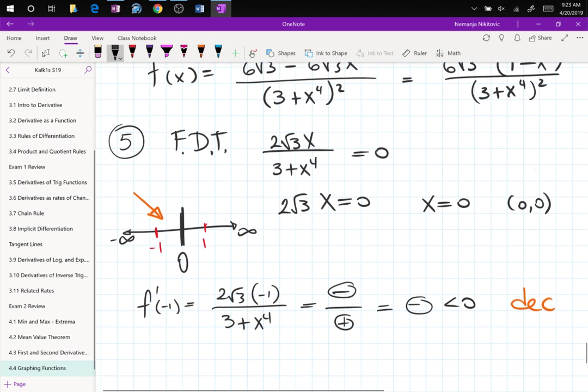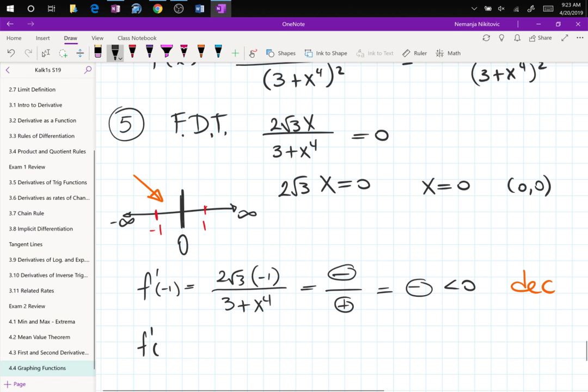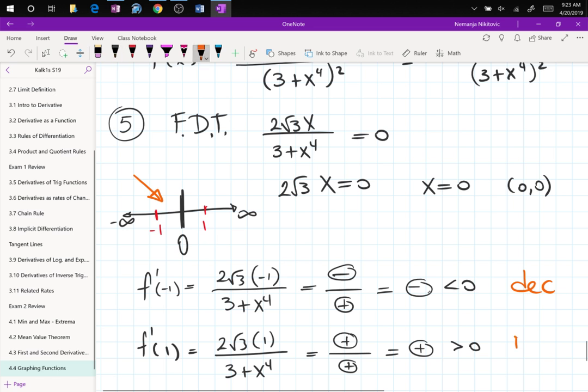Plug in positive 1, it's 2 root 3 times positive 1 divided by 3 plus x to the 4th. That's going to be positive over positive, which is positive, larger than 0, and now it's an increase. So we get for free that our point is a minimum.